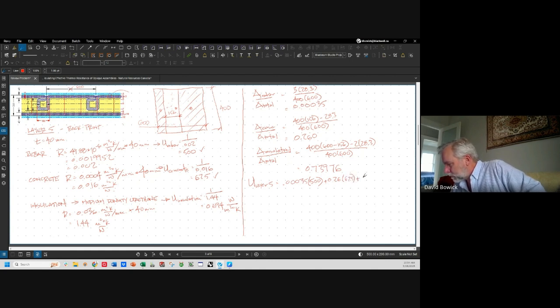Plus 0.73976 times the U value for the insulation, which is 0.694.